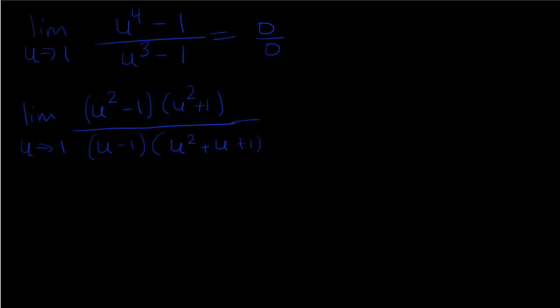The reason I know that is because in order to get u cubed, you have u times u times u, and then 1 is 1 times 1 times 1. So here we have to use what's called the SOAP method. So I'm going to have a u and a 1, and then in here I'm going to have u squared, u, and then 1.